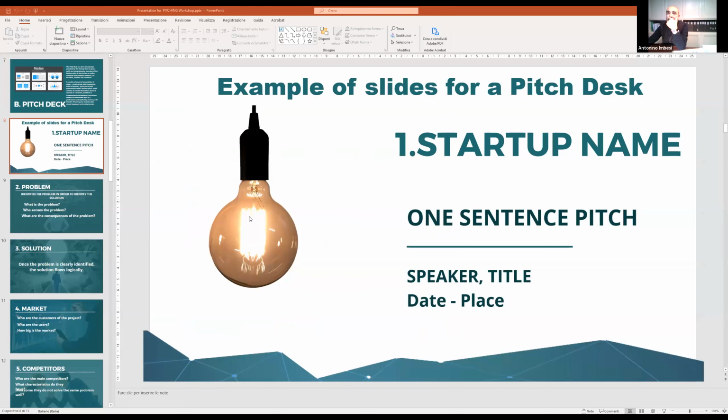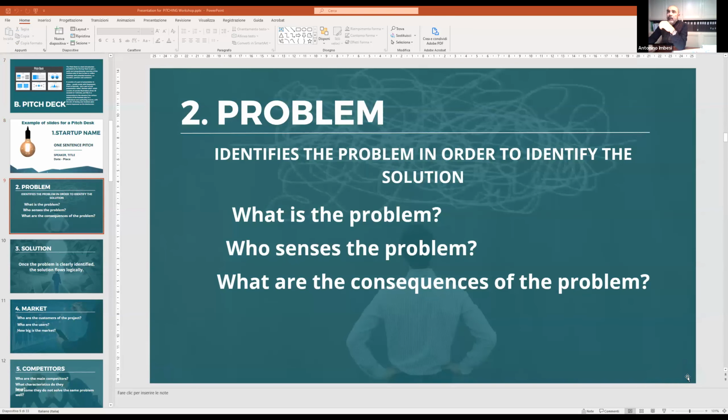First of all, the first slide should give the startup name in one sentence. It should indicate who is the speaker, the title, the date, and the place in which the activity is presented. Then the students, the learners, have to understand which is the problem, which is the necessity to be answered.